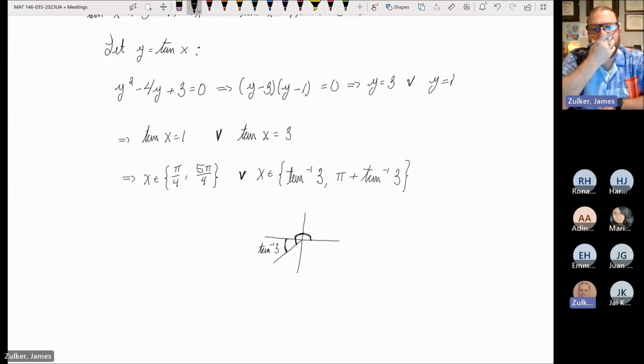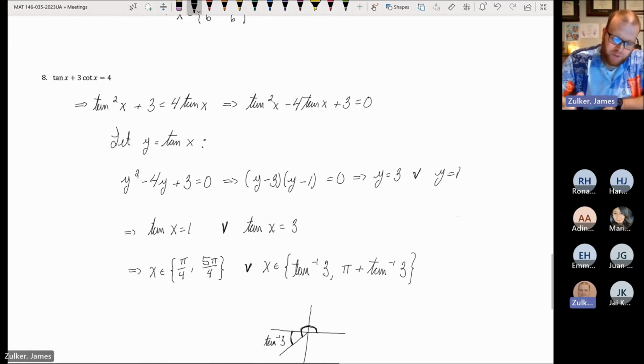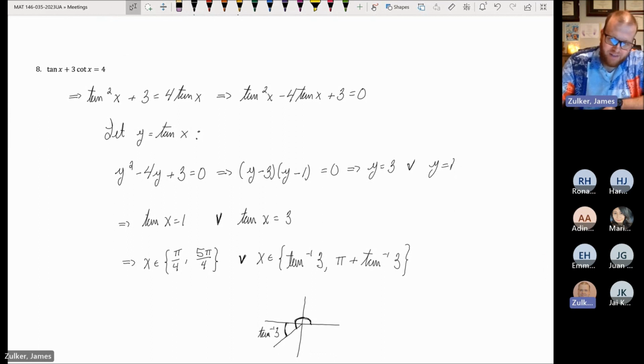So those are the possible solutions. Now we have to check. Do they all work? Because remember, we multiplied through by a tangent. So we just want to check and make sure that that didn't change anything.